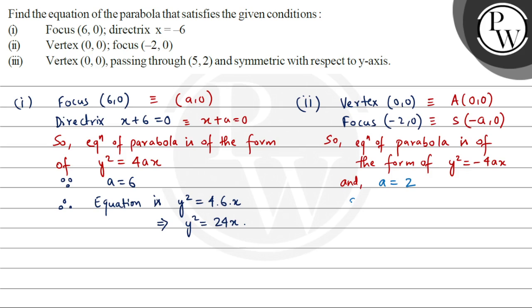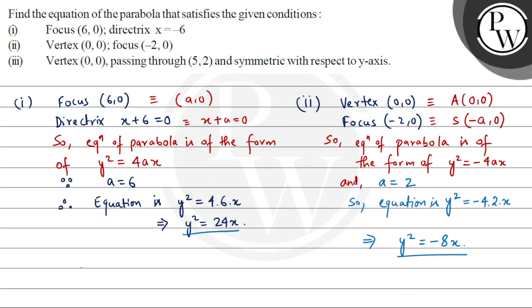So the equation will be y square equals minus 4 into 2 into x, that means y square equals minus 8x. So this is the second parabola.